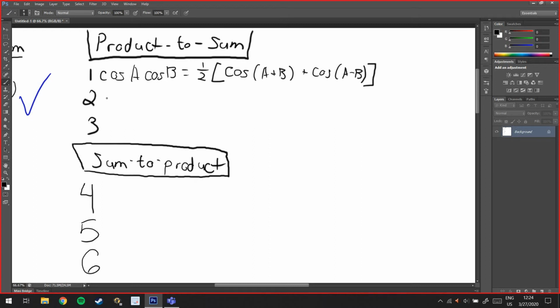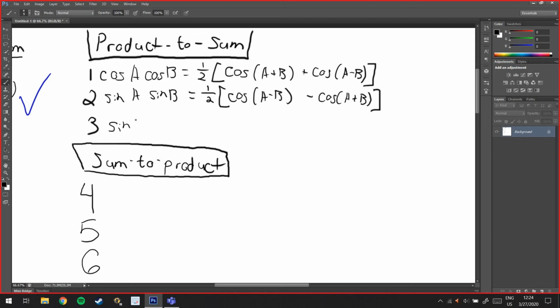Our second one is going to be sine times sine. So sine A times sine B is going to be equal to half cosine of A minus B minus cosine of A plus B. And then we currently have cosine times cosine, sine times sine, so we need sine times cosine.